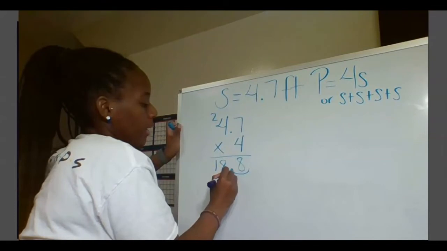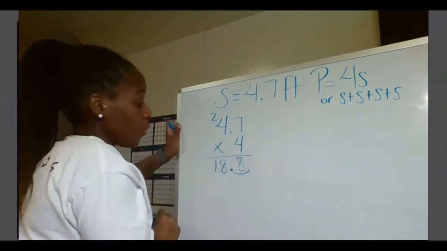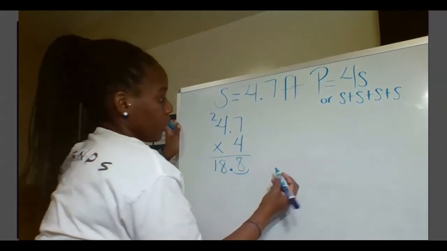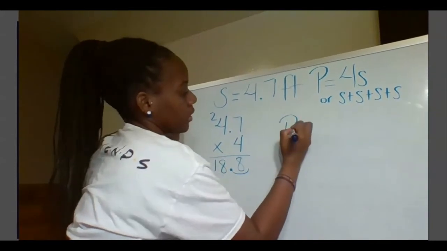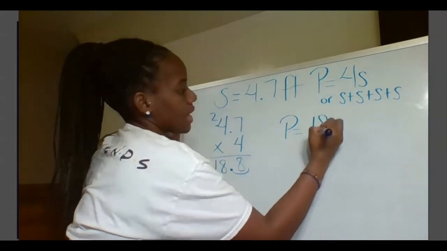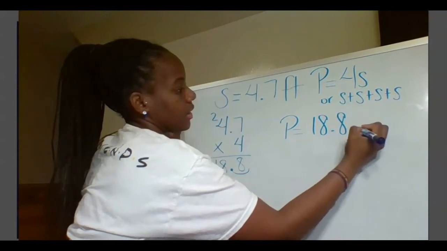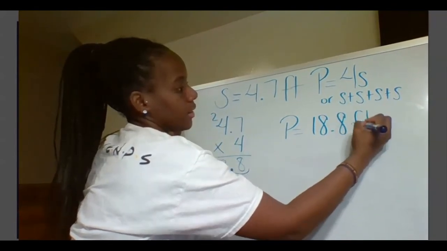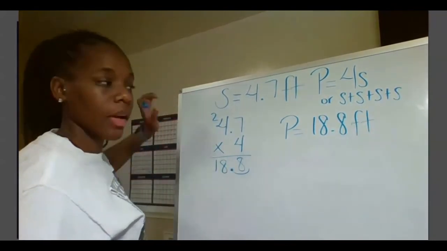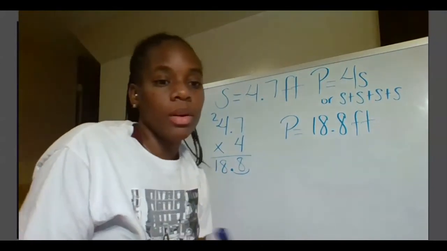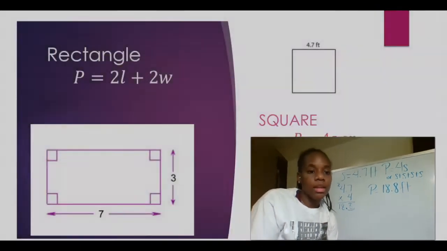So you start from the back and move your decimal one space over, for a perimeter of 18 and 8/10 feet.